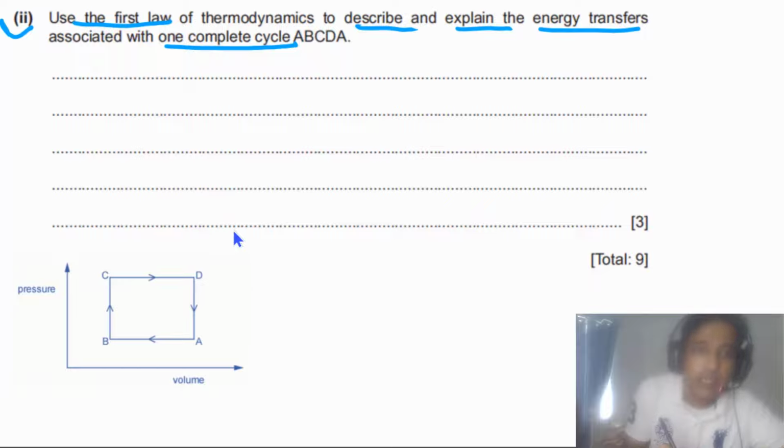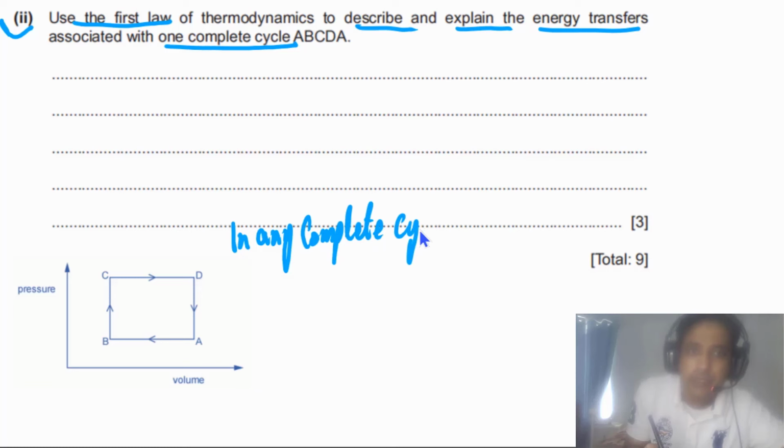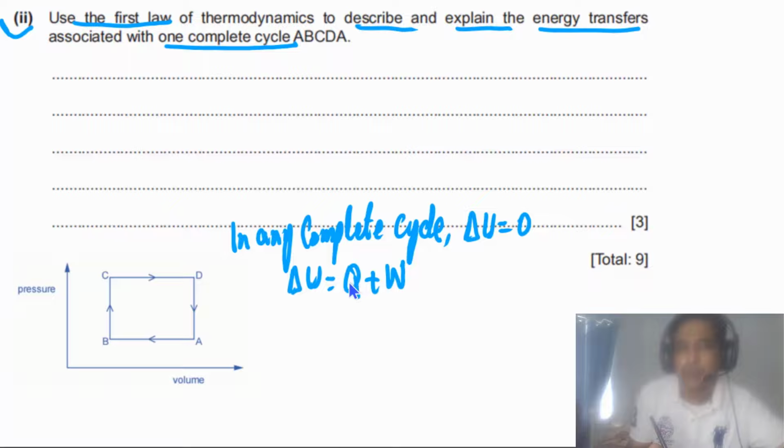In any complete thermodynamic cycle, delta U is equal to 0. So we can start with this: delta U is equal to Q plus W. We need to find Q. Delta U in this case is equal to 0.